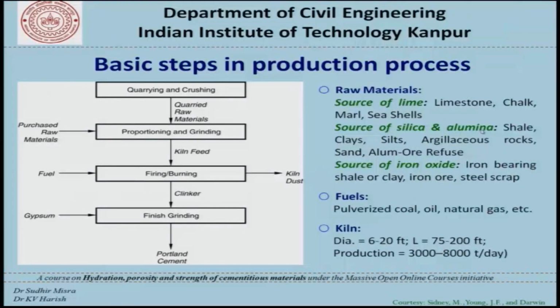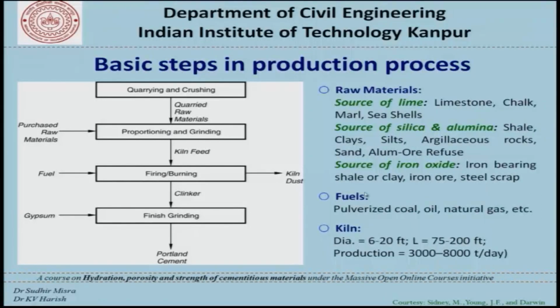Sources of silica and alumina includes shale, clays, silts, argillaceous rocks and other sources. Sources of iron oxide includes iron bearing shale or clay, iron oxide and some steel scraps. So, these raw materials are initially quarried and they undergo crushing process, and we will see all these steps at a later stage in detail.